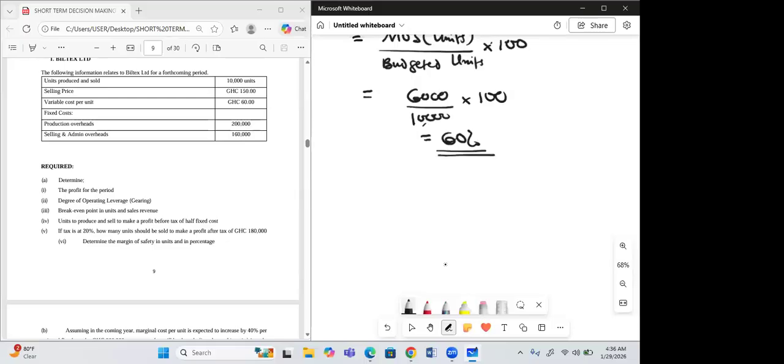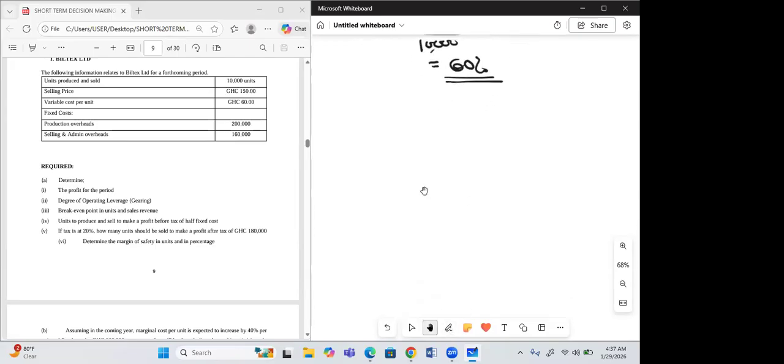Why is this 60%? Because our fixed cost swallowed only 40% of our contribution. It means that we have a safe zone to operate within 60%. So within 60% of capacity, we'll be making profit. If you go beyond that, it will start making losses.